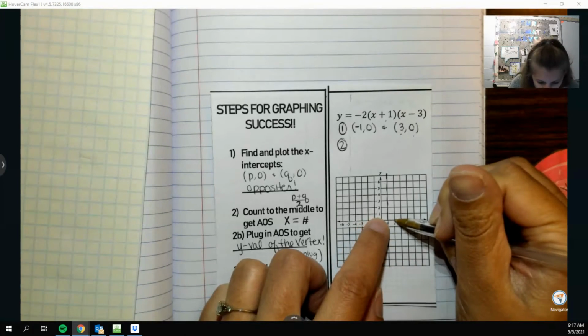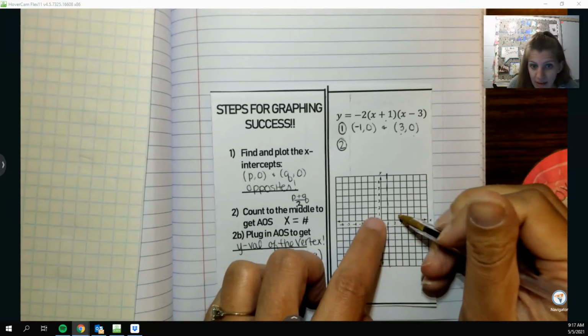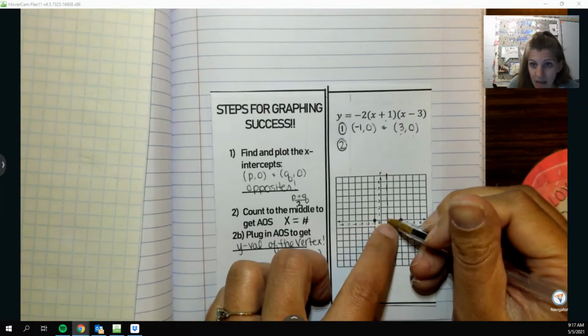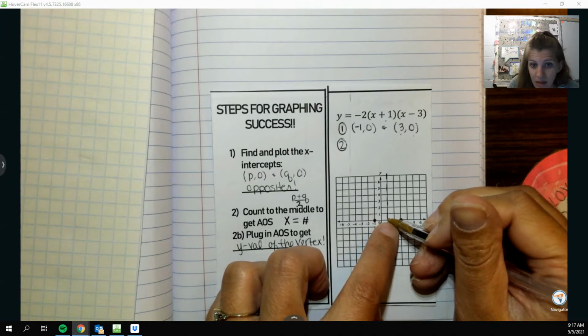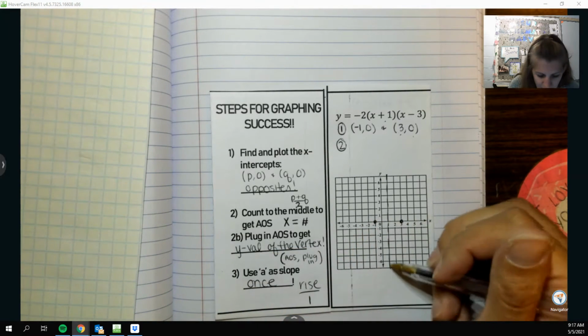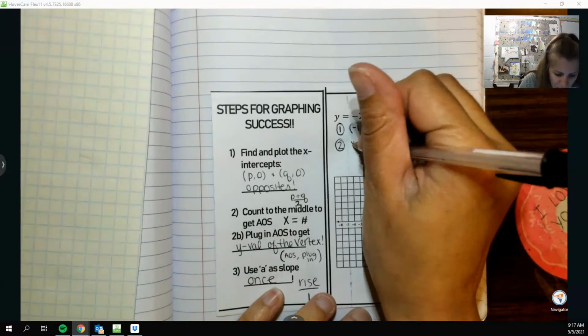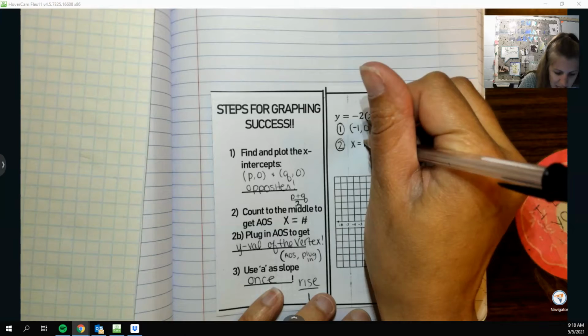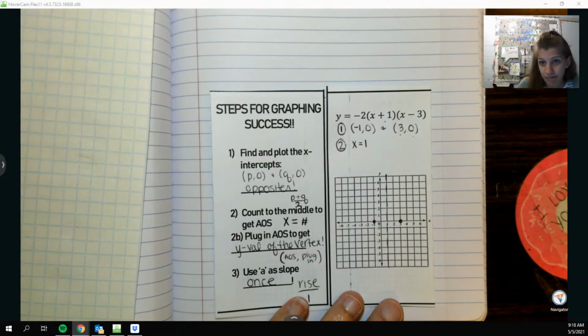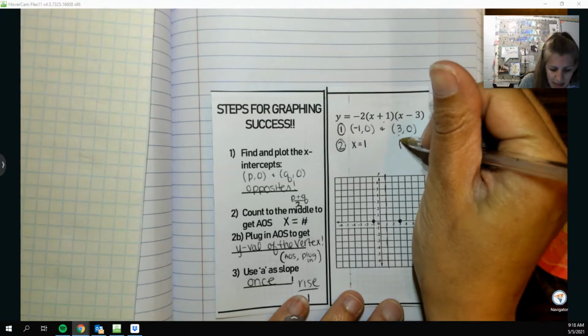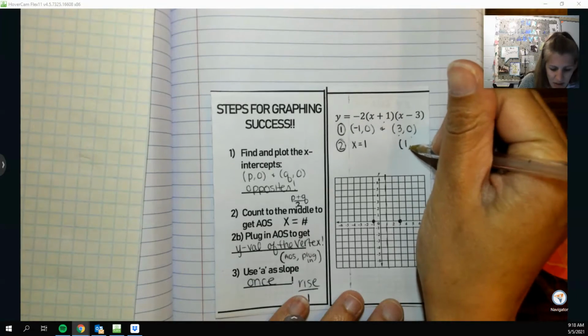Like I'm just counting equally on both sides, walking in until they meet evenly in the middle there. And so because that middle happens at 1, I know that my axis of symmetry is at 1. That also tells me that the vertex x value is 1.